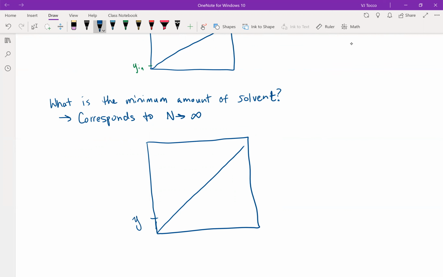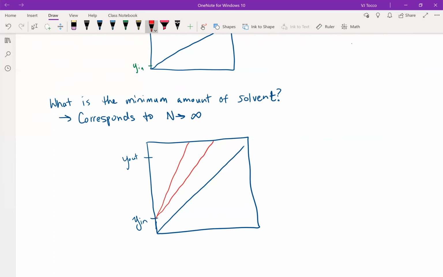And let's say I start with a given y in and I have a given y out. So if I start drawing operating lines, and I've played around with drawing lines with OneNote and it doesn't really work, so I'm just going to do my best with drawing lines by hand, I can start putting in all these operating lines, right?